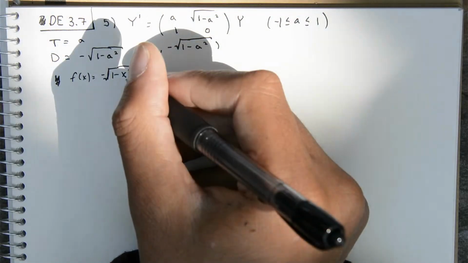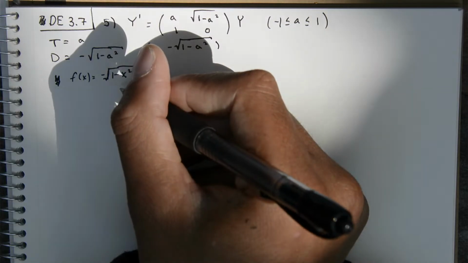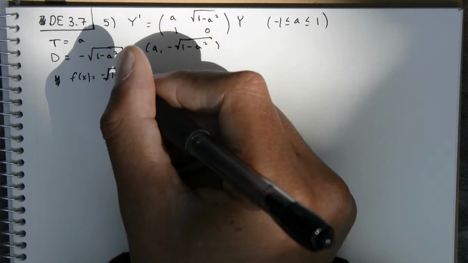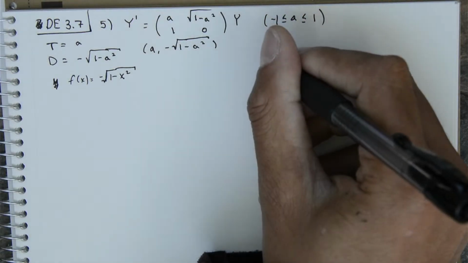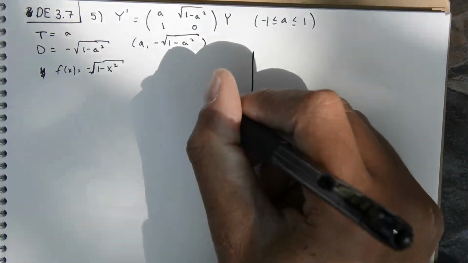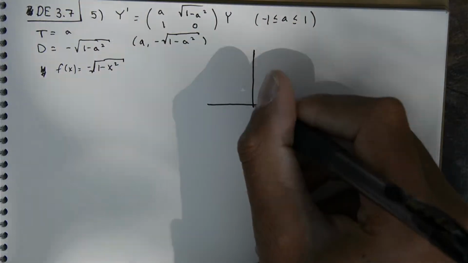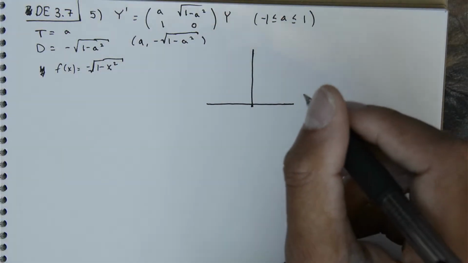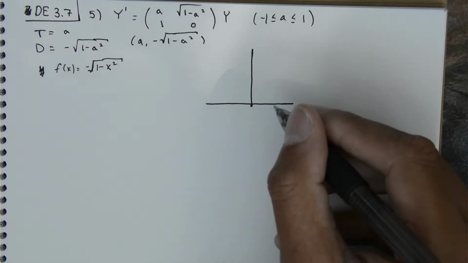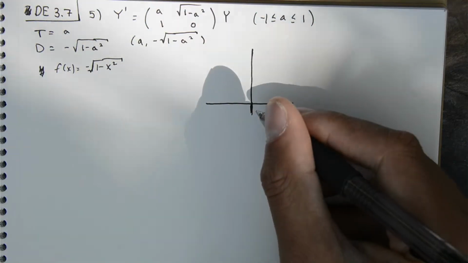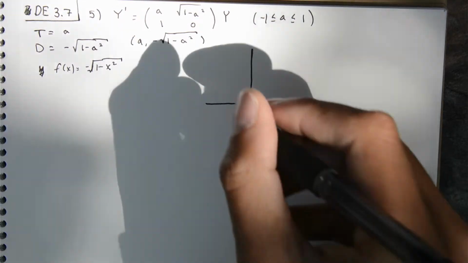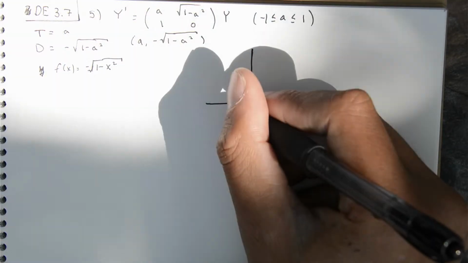So if x is minus 1, then our trace is going to be like right here.